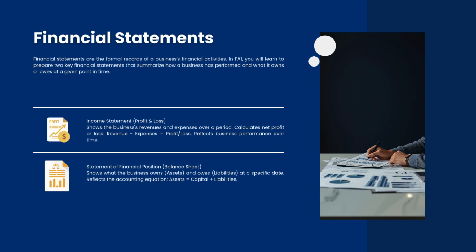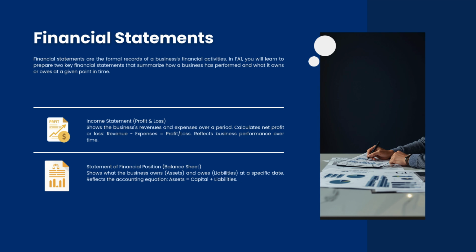So you make a summary of all of your transactions, all of your accounts: how much was your revenue, how much you generated, how much you paid for your expenses, how many assets you have got, and how many obligations you have. These are all presented in the two main financial statements in FA1 and foundation levels. The income statement, the statement of profit and loss, shows the performance of a business over a period of time.